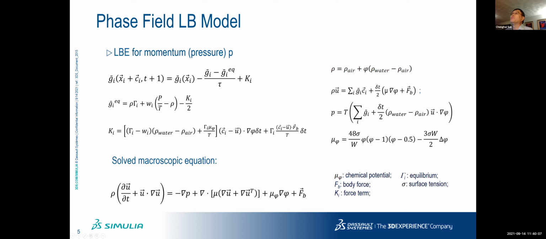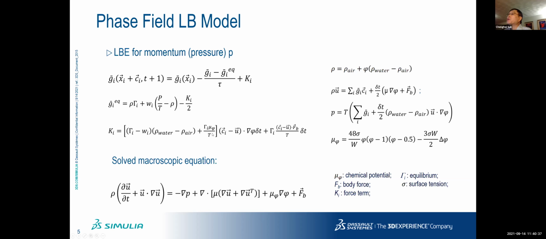So we can maintain a smooth transition of pressure at the interface. The first term includes several terms. This first term is for the pressure term, for the gradient of density.